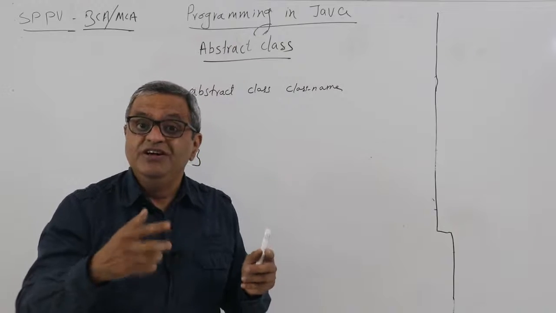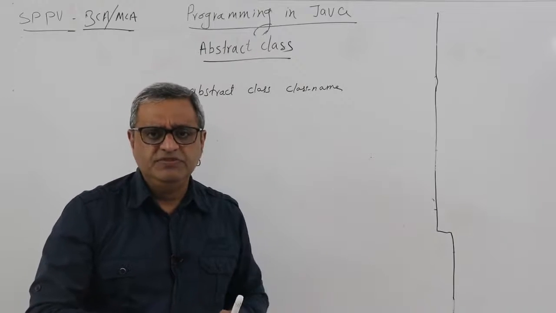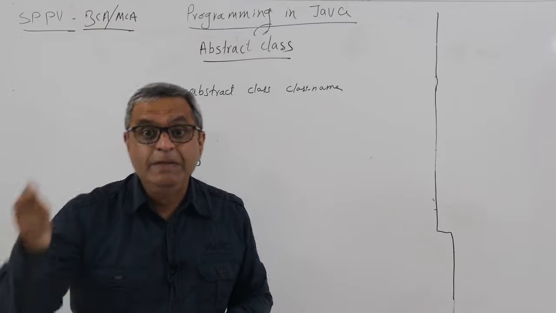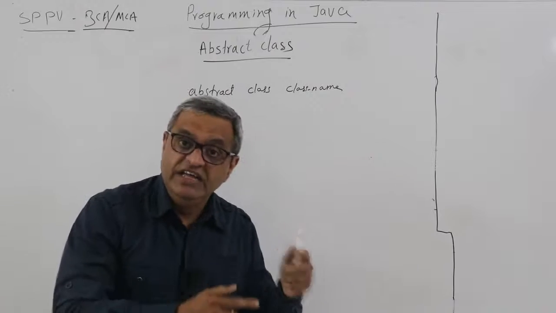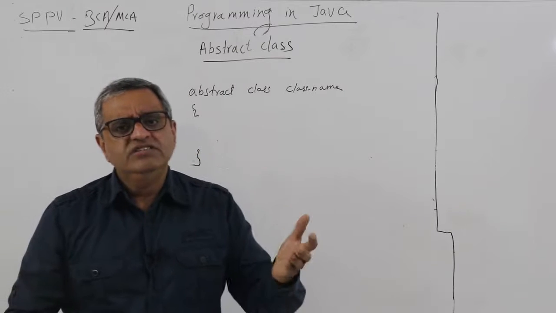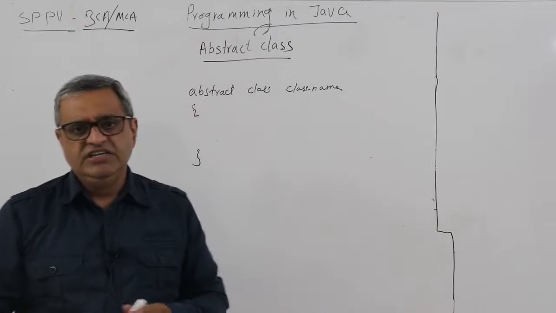So we need a class to instantiate. In case of an abstract class, you need a child class to extend the abstract class, and then you can instantiate the child class. So what is the need of an abstract class? Let us also understand that.